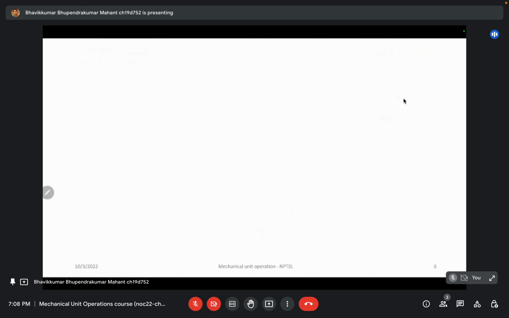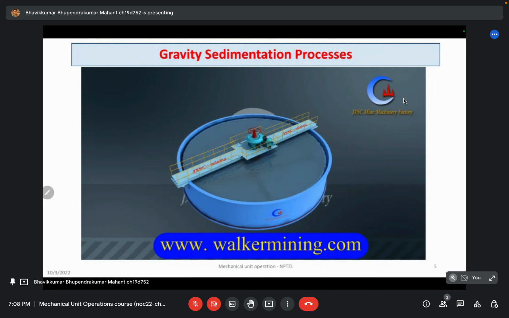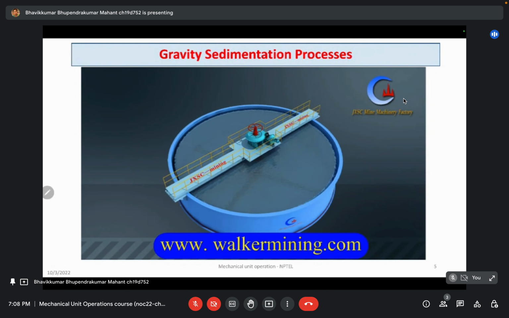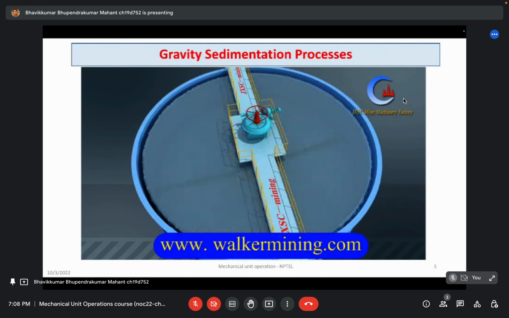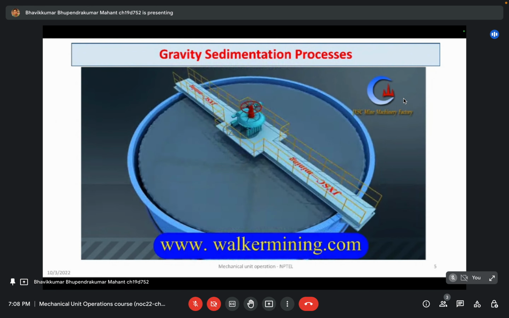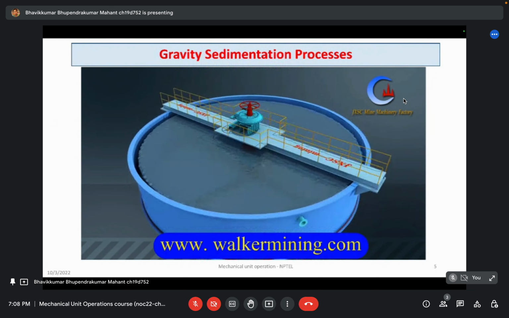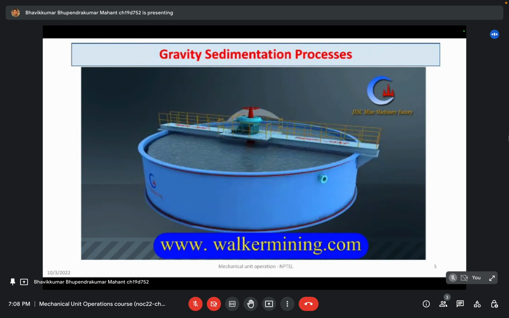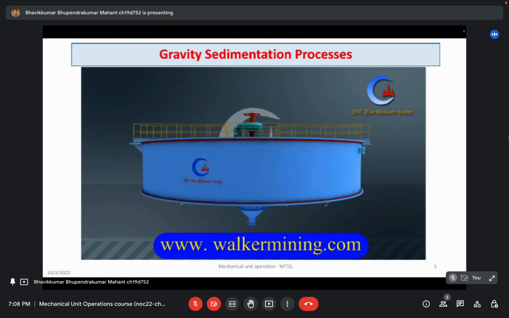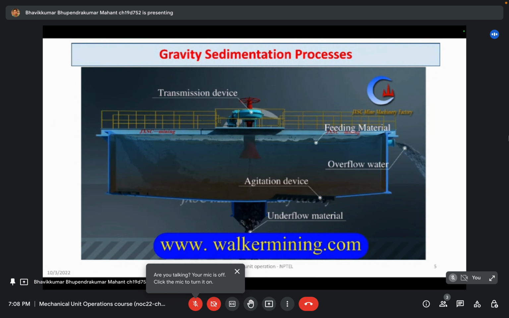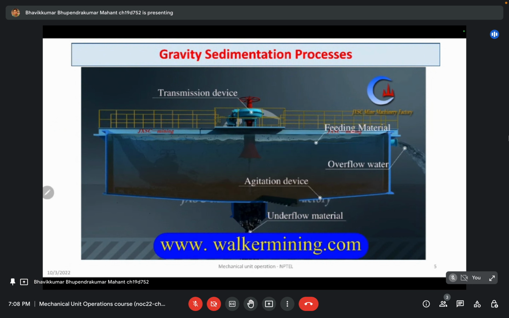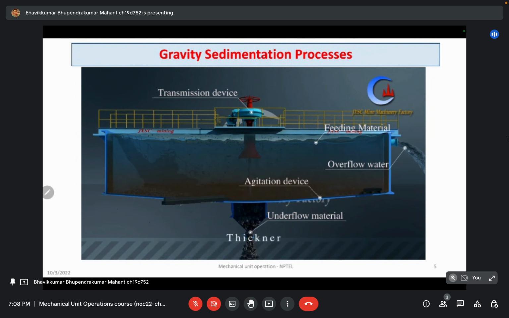Okay, so I have another video where they discuss the process as well as the equipment in a little more detail. This kind of arrangement is always present in most wastewater treatment plants. As you can see, fluid is coming, agitation is going on, and in the overflow you are getting the pure water.